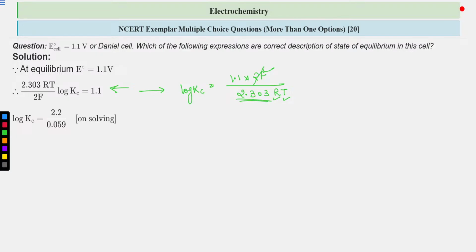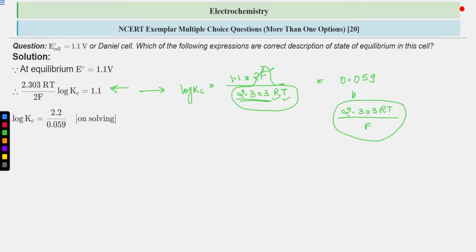So you can solve these values, and when you solve them, they will come out equal to 0.059. Here 0.059 is equal to 2.303 RT by F. This fraction has the value of 0.059 after putting all the constant values in place and solving.